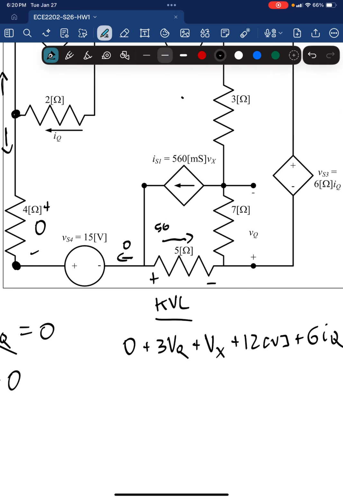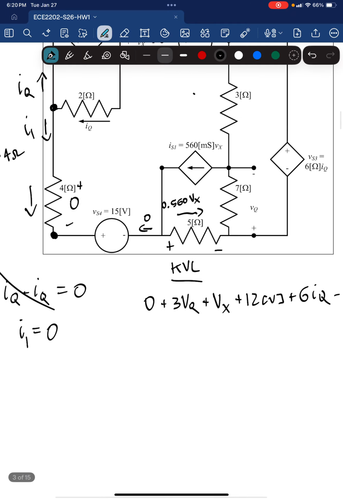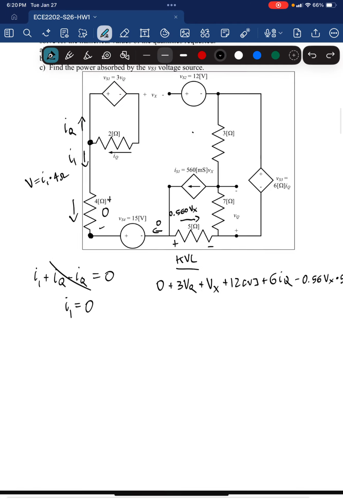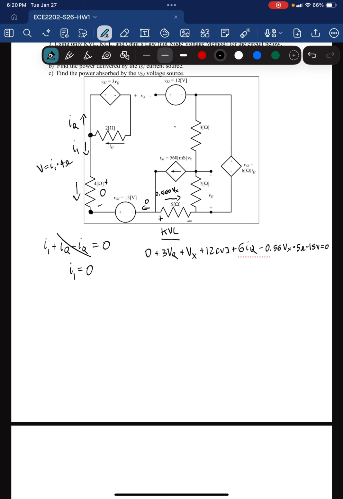So we know the current flowing through the 5 ohm resistor is, and I will convert this to units, 0.56 Vx because it's millisiemens. So 0.56 Vx. Right? And since we're entering the negative terminal first, we'll do minus 0.56 Vx times 5 ohms. And then our last component that we're going to encounter is that battery. So it's just going to be minus 15 volts equals 0. Okay, so that's our first step.